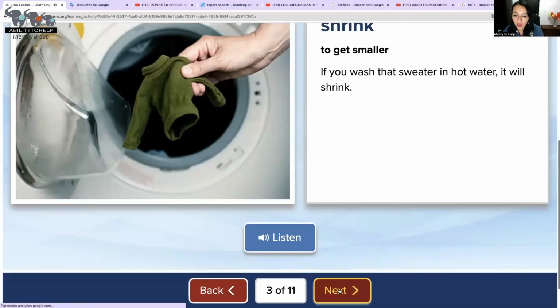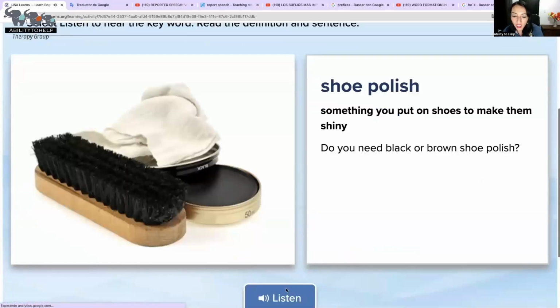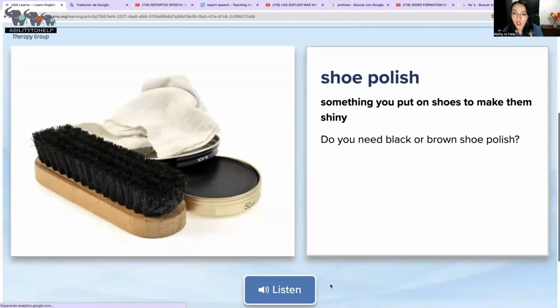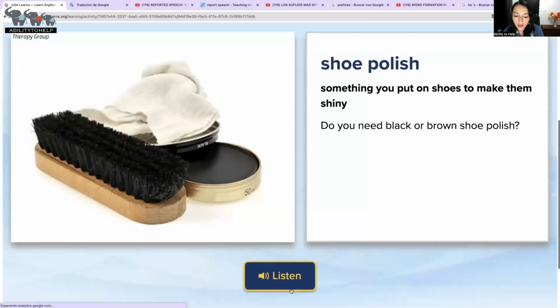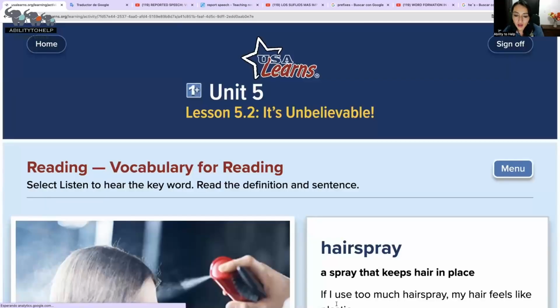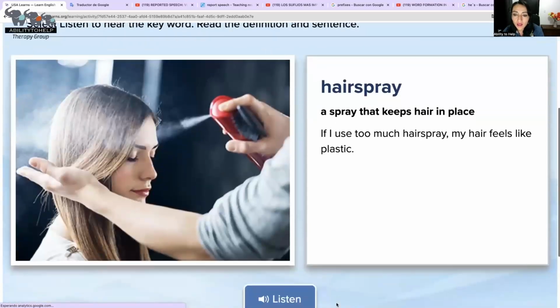Shrink. ¿Cómo encoger? Shoe polish. Something you put on shoes to make them shiny. Do you need black or brown shoe polish? Hairspray.